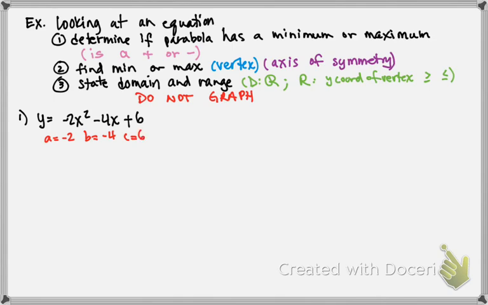Okay, so first, is it a minimum or maximum? Looking at A equal to negative 2, we noticed on the last one that means our parabola is going to be facing downward. So that means our vertex is going to be a maximum.